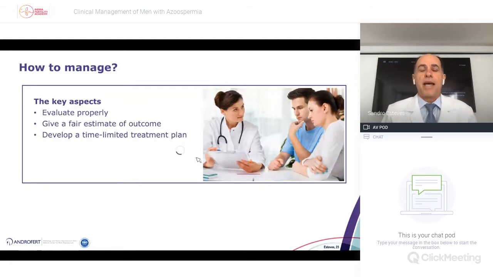So the first important message I want to give you is that the chance of finding sperm among men with non-obstructive azoospermia due to spermatogenic failure does not relate very much to the etiology. As you can see, sperm retrieval success rates are quite similar in patients with cryptorchidism, post-infection, torsion, post-chemotherapy, radiotherapy, or idiopathic.